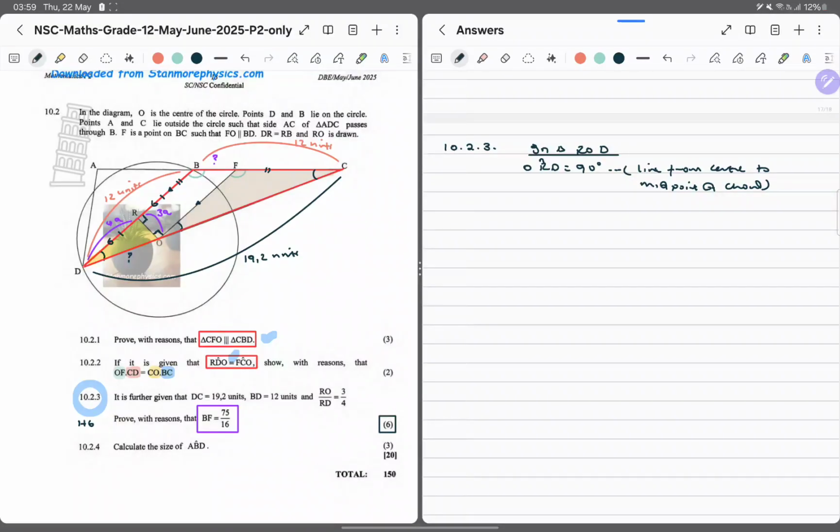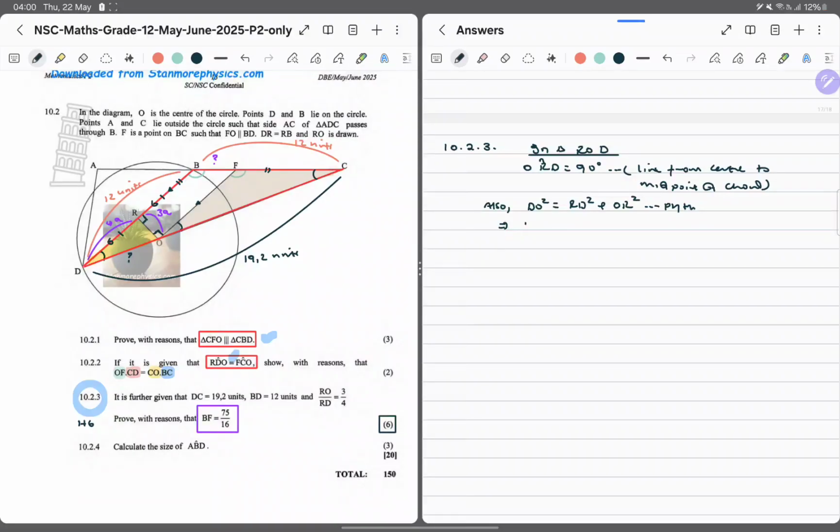It was given to us that R is the midpoint of BD. Nice, that is very important. And we can safely say, also in this very triangle, we know that DO squared is going to be equal to RD squared plus OR squared or RO squared, whatever. This is from Pythagoras' theorem.